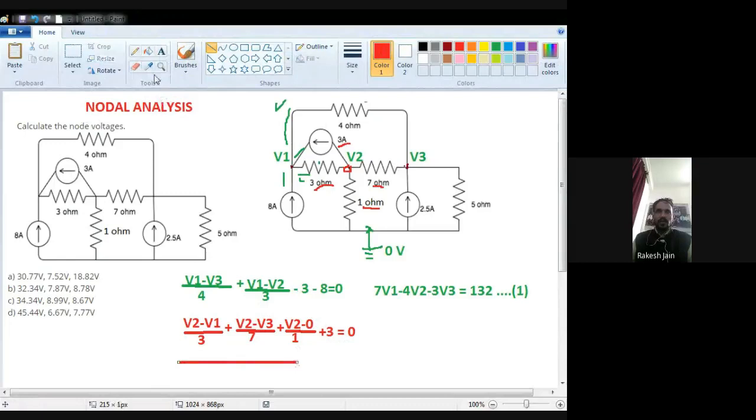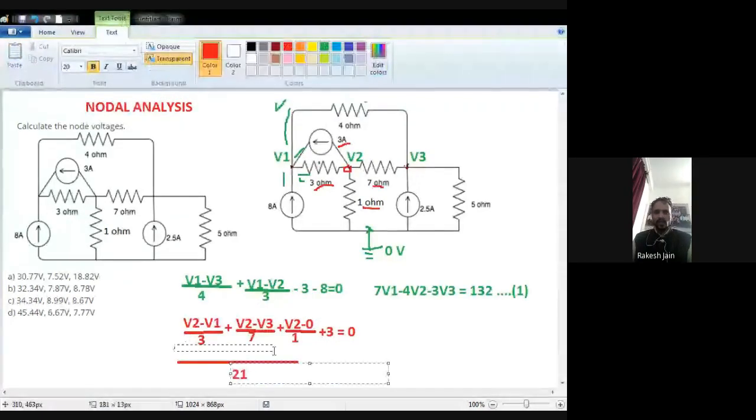Whenever I solve it, I will take the LCM, and the LCM will be 21. 7 3s are 21, okay, see very carefully, so 3 7s are 21.